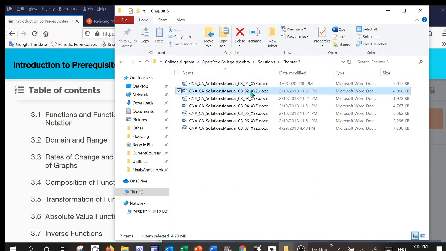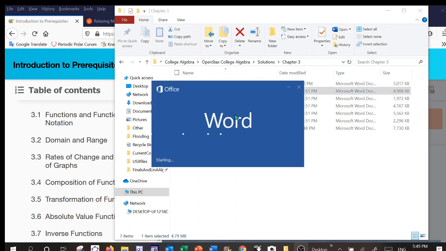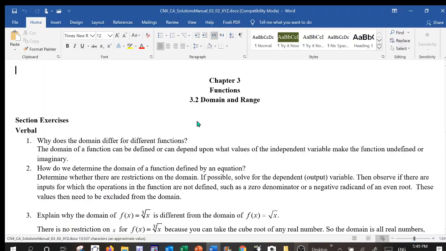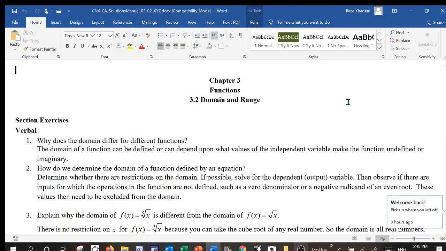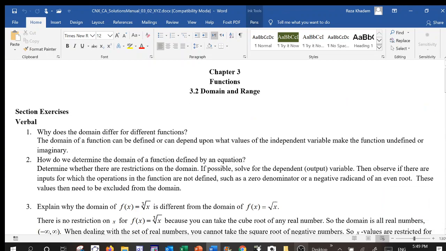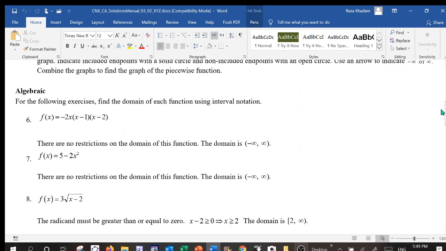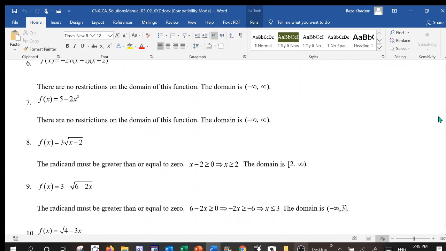So what is section 3.2 about? Domain and range, right? So let's do some problems from that section and understand what it means to find domain and range. We're going to do 7 and 8 as 2 examples.